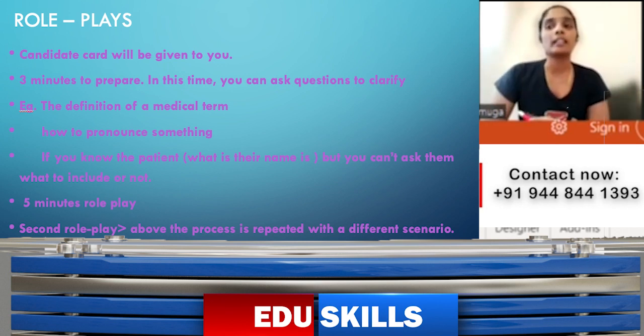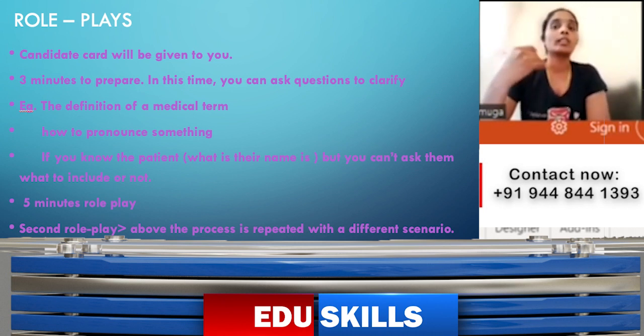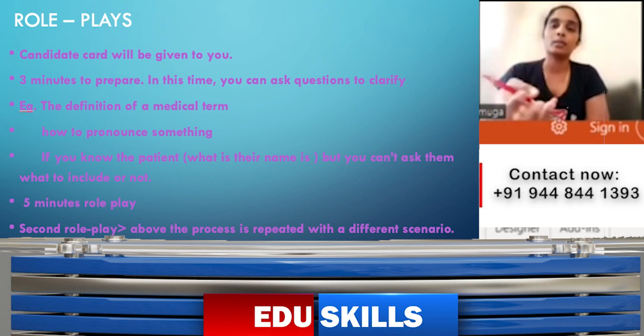You can ask the interlocutor how to pronounce that name or unknown medical vocabulary. If you know the patient, you can ask the patient's name during this preparation time. If you forget to ask the patient's name, you can use the interlocutor's name as the patient's name if it is a known case. Once the 3 minutes of preparation time is up, they will give you 5 minutes for conversation. For the second role play, this process is repeated with a different scenario.